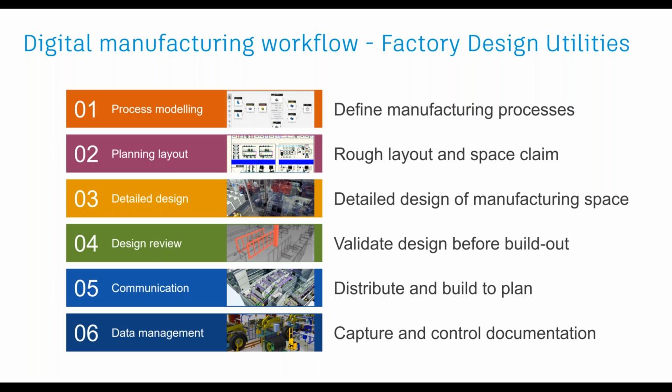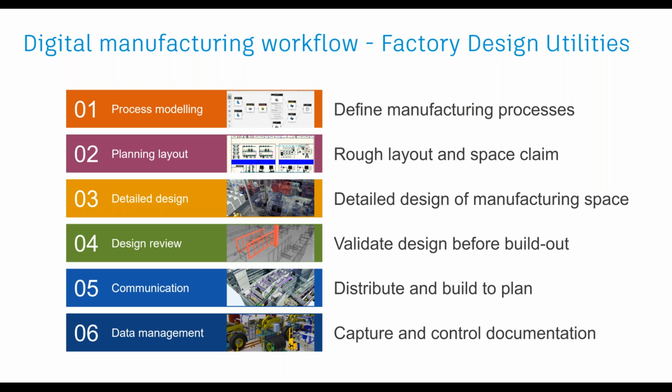So this is where we introduce to you the factory design utilities. And here you can see factory design utilities provides a rich set of workflows that can be used for implementing changes in your factory, starting right from defining a process.